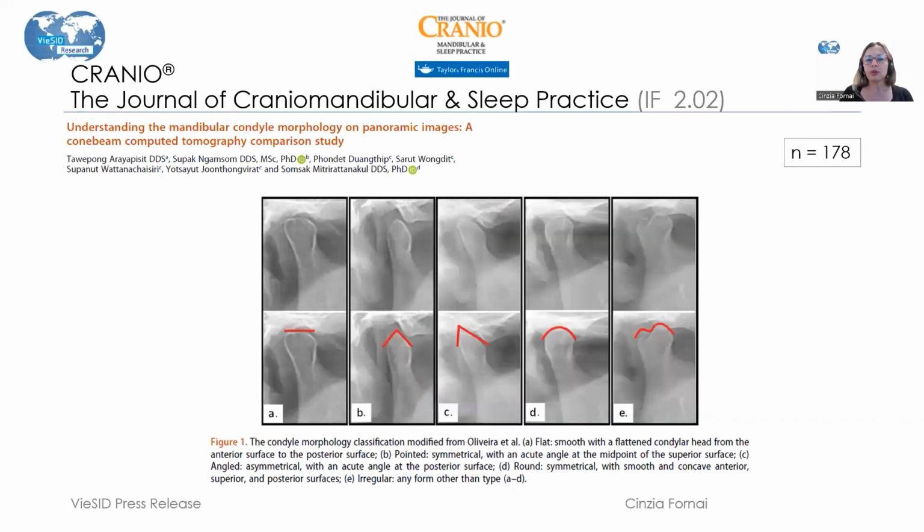In Cranio, we found a paper of our interest by Araya Pisit et al., where condylar morphology as derived from panoramic radiographs was interpreted in parallel with CBCT images.